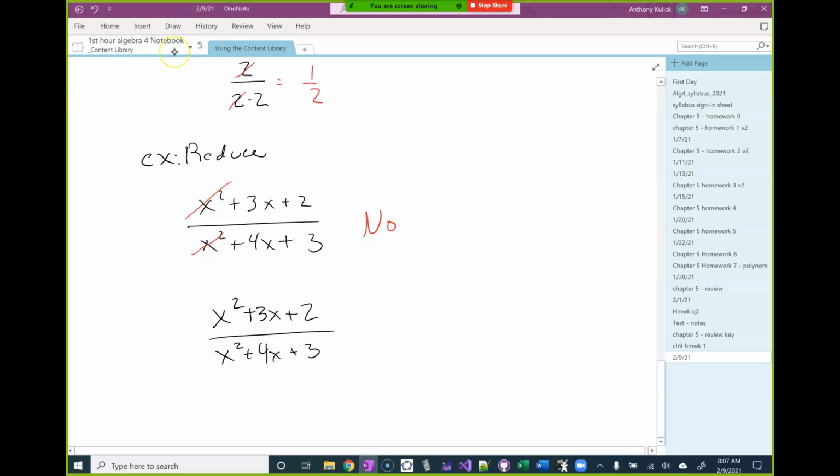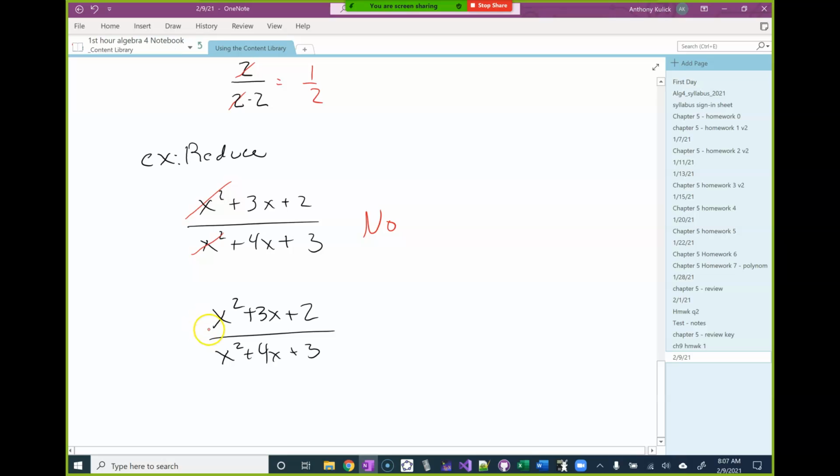I notice that in this case, the numerator and the denominator are each quadratic polynomials, right? These are things that we would have factored in chapter 4 in first semester. This is something we should be pretty good at by now, as we should have had a lot of practice doing this over the course of the last 2 chapters.